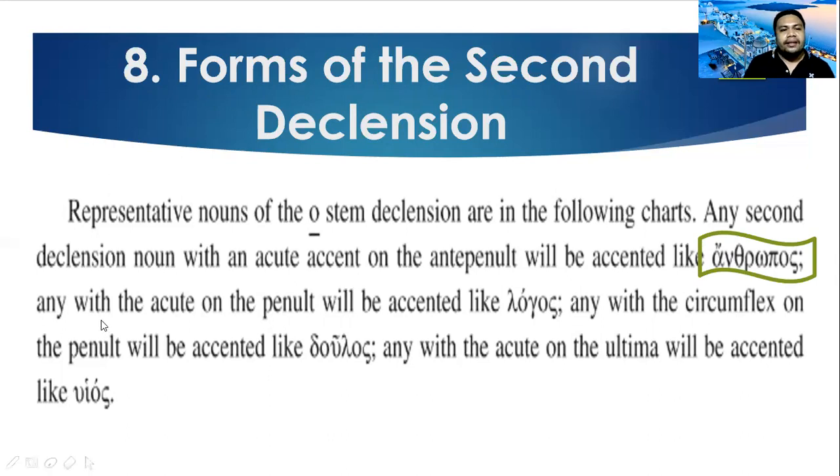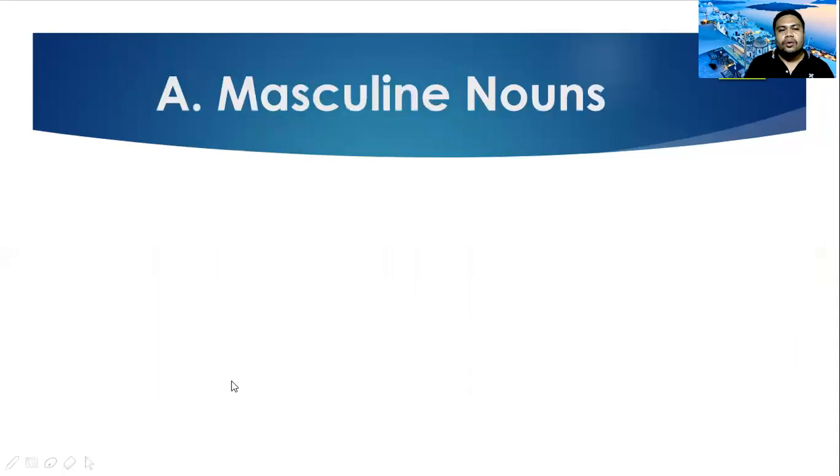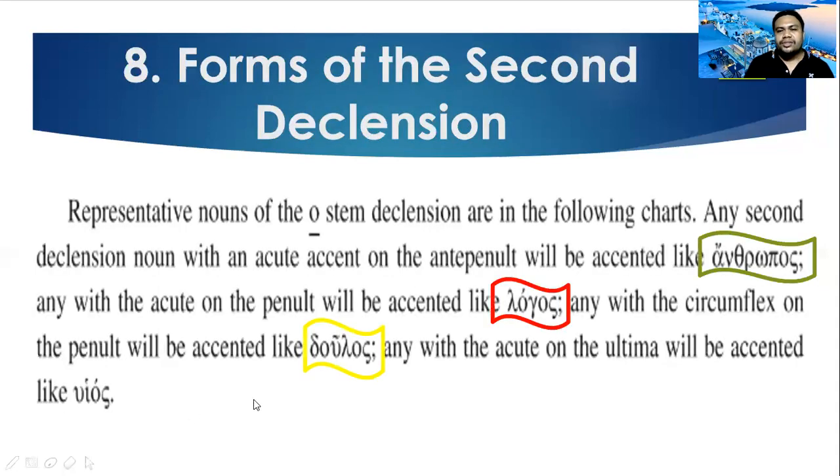Any with the acute on the penult will be accented like logos. Any with the circumflex on the penult will be accented like doulos. Any with the acute on the ultima will be accented like theos.